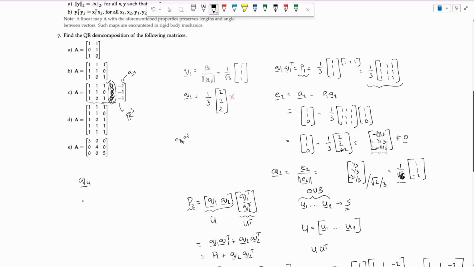So you'll essentially now have to find out P3, the orthogonal projection matrix. We know Q1 Q1 transpose and Q2 Q2 transpose. In fact, the sum of this is P2. It'll simply be P2 plus Q3 Q3 transpose, which is P3. You'll simply have to compute Q3 Q3 transpose, add it to P2, and tell me what is P3.